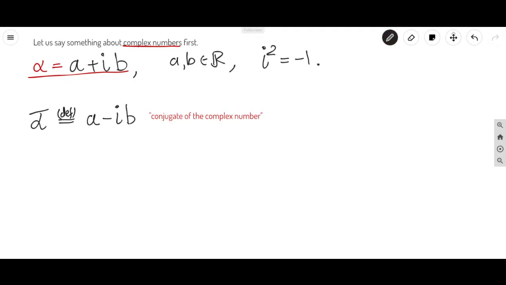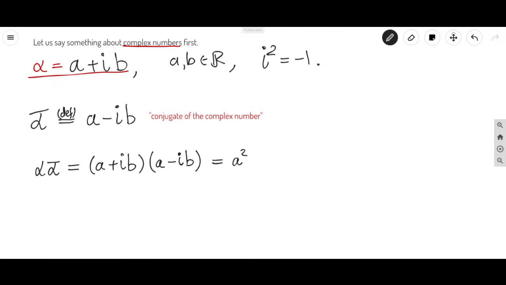Now, if you multiply something by the conjugate, if you do alpha multiplied by alpha conjugate, let's see what you get. You get a plus ib multiplied by a minus ib, and that's the difference of two squares.